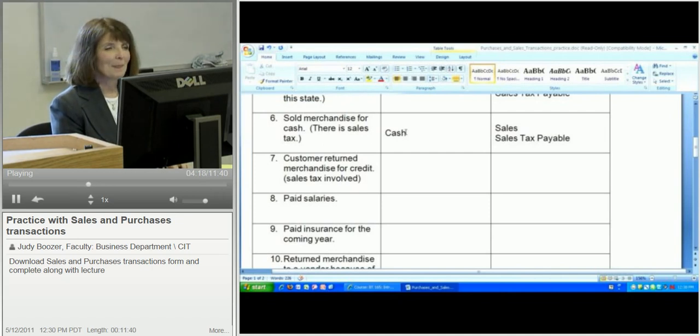Number 7, customer returned merchandise for credit. Sales tax was involved. And is that a debit? It is. Sales return and allowance, because it's a contra sales, therefore it has a debit balance.